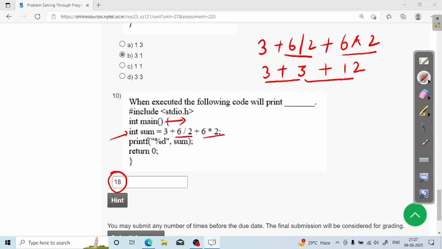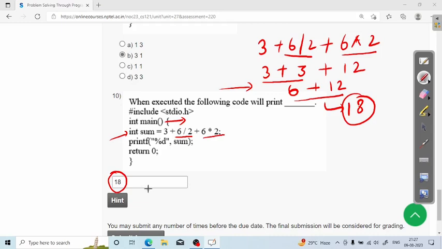The associativity of the plus operator is again from left to right, so we go in this direction. First, this will be executed, giving 6, and then it will be added with 12. So we get the answer as 18.